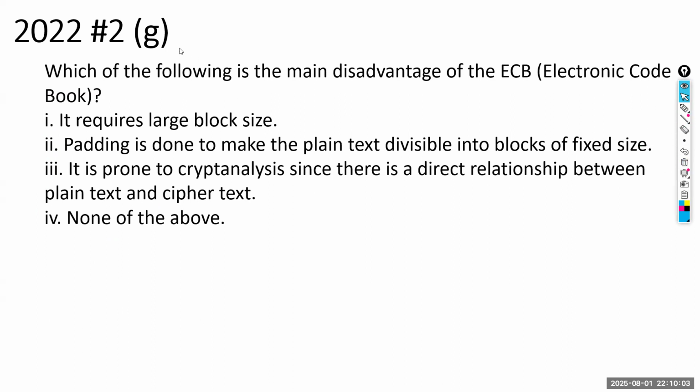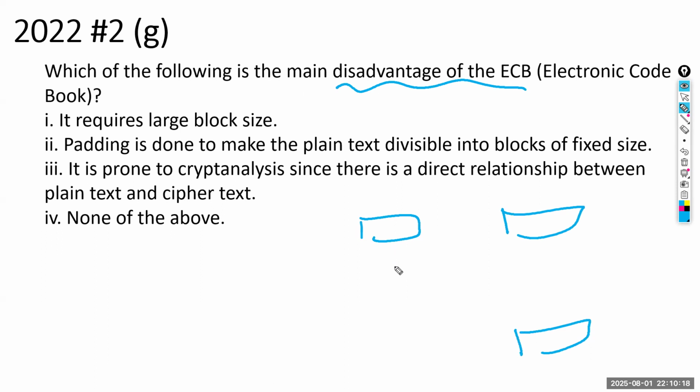Right. Next one. Which of the following is the main disadvantage of electronic code book? Remember the ECB, the main disadvantage is if you have the same block, you get the same ciphertext because it's block by block. And that disadvantage is eliminated by the counter approach. So what is the main disadvantage? It is prone to cryptanalysis since there is a direct relationship between plain text and ciphertext.